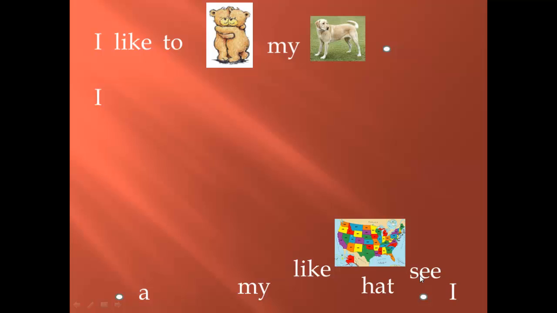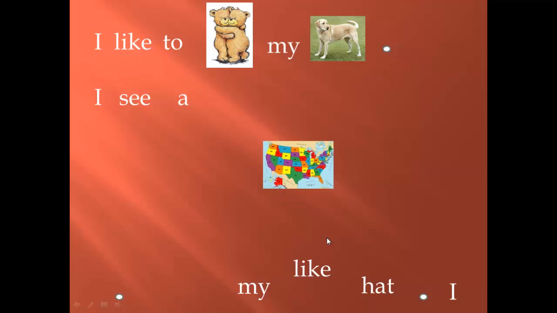Good job. You should be pointing right here to that word. I see a. Find the word a. Good job. You should be pointing right there. So now we have I see a map. Find the picture of a map.